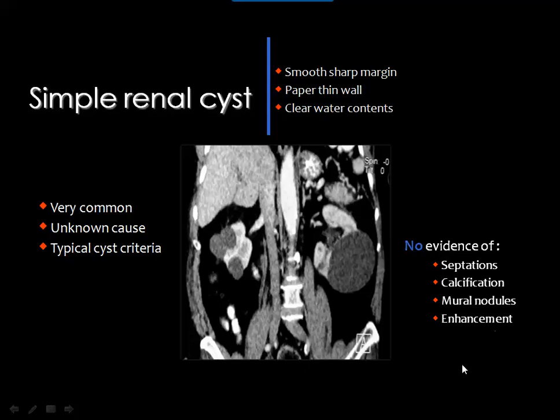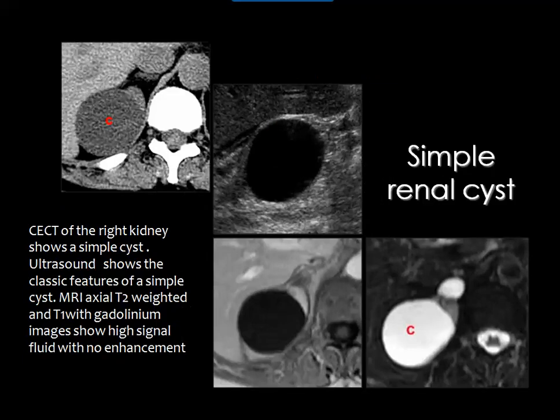And the negatives are no septation, no calcification, no mural nodules, and no contrast enhancement. These are the criteria of the simple renal cyst, or the simple cyst anywhere in the body.